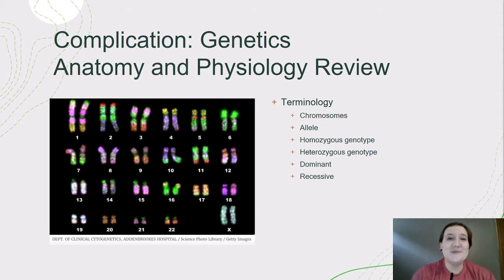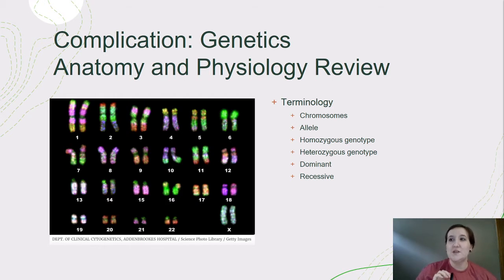So chromosomes are those really tiny thread-like strands of DNA. We have 46 total chromosomes. Okay, so we have 22 autosome control traits. These are controlling kind of the identity of an individual, and then a sex chromosome.